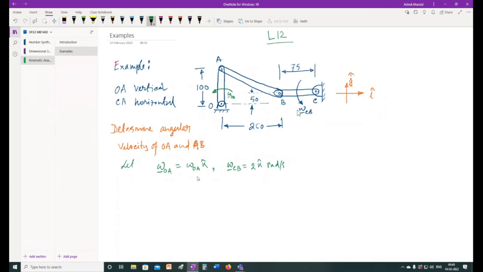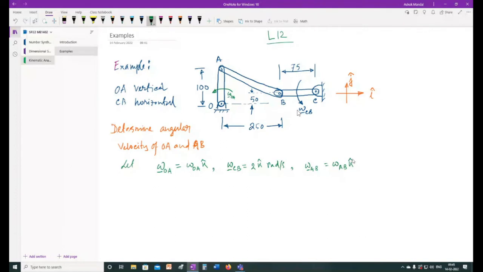This is given. The unit is also radian per second. And then what we need to find out is omega AB. This vector, let us call it omega AB, the magnitude, rotating in the k direction.